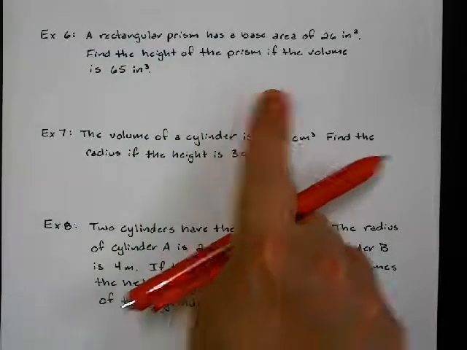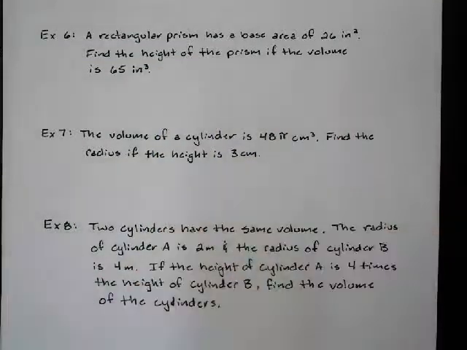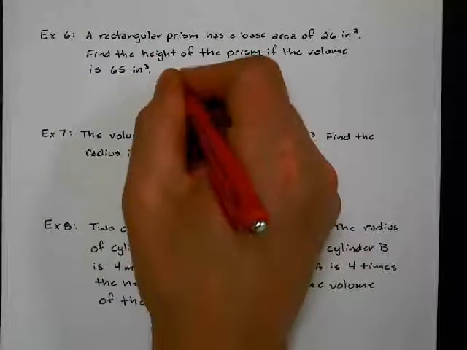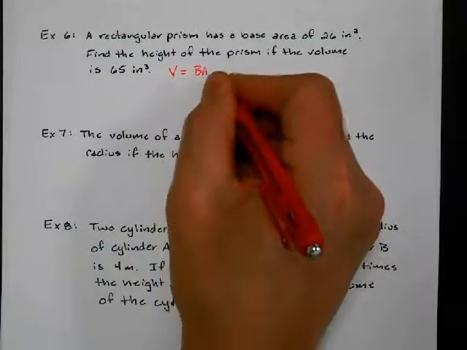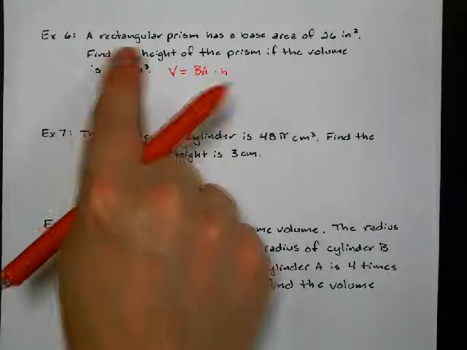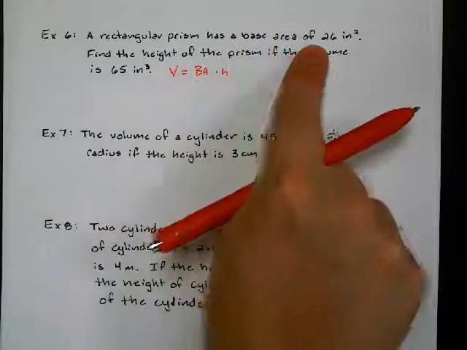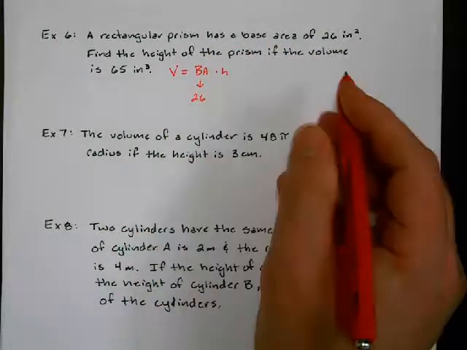All right, so we're going to need to use our formula. Our formula is volume equals the base area times the height. Let's plug in the stuff we know. Rectangular prism has a base area of 26. Okay, so our base area is 26. Find the height. I don't know what height is, so that's going to be h.